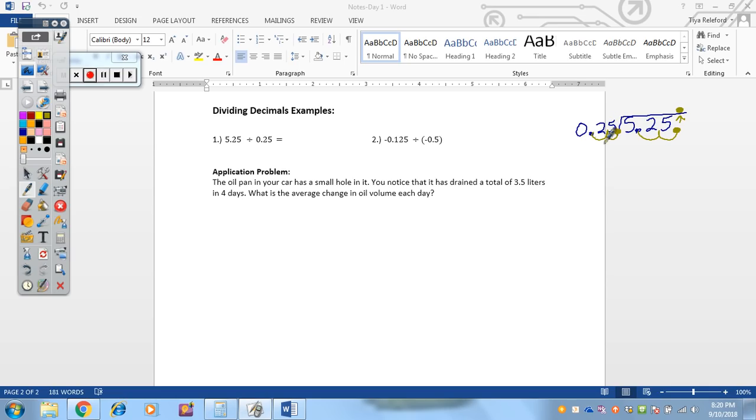I'm now going to divide like this is 25. So how many times does 25 go into 5? 0, right? Each number inside gets a number on top. How many times does 25 go into 52? 2 times.